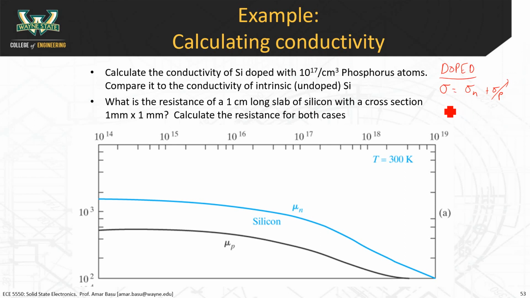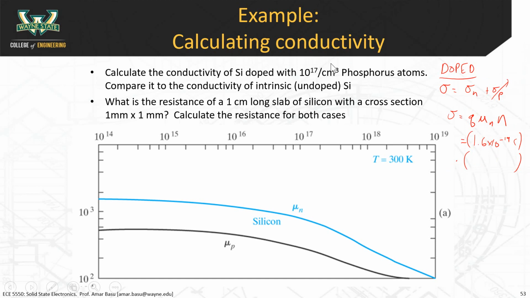All right, and so sigma is equal to q times mu n times n. So this is equal to 1.6 times 10 to the negative 19 multiplied by the mobility. The mobility is what we need to look up on a chart.